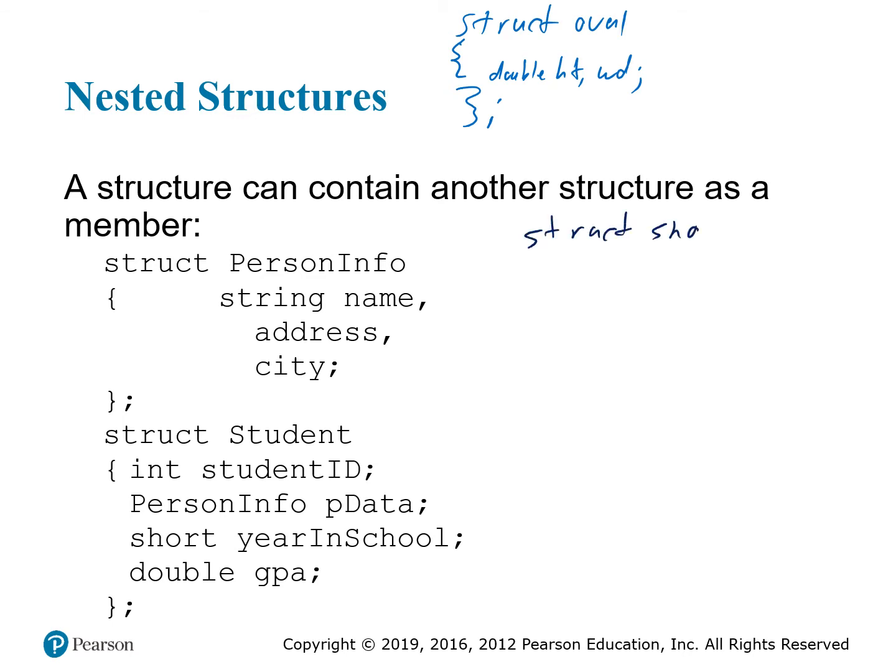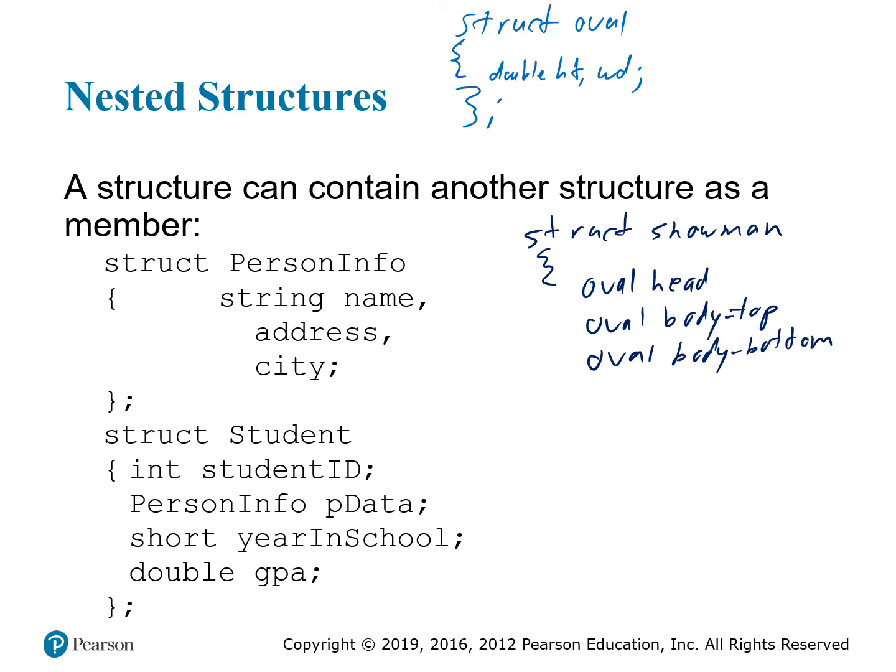I could have another struct snowman, which contains oval head, oval body top, oval body bottom. So you can build up structs from smaller structs.